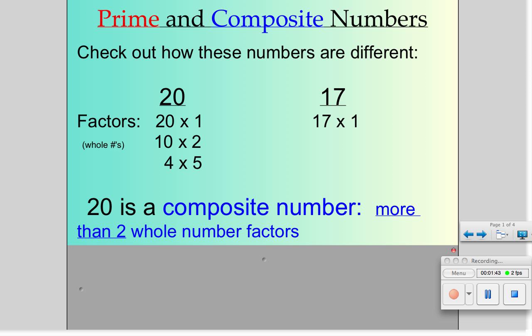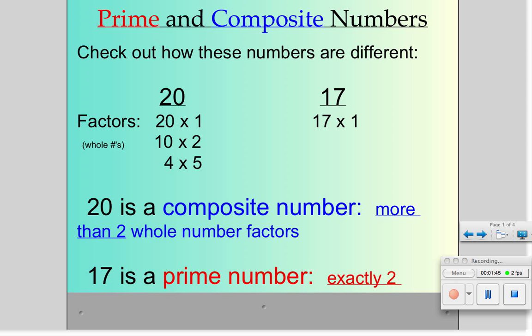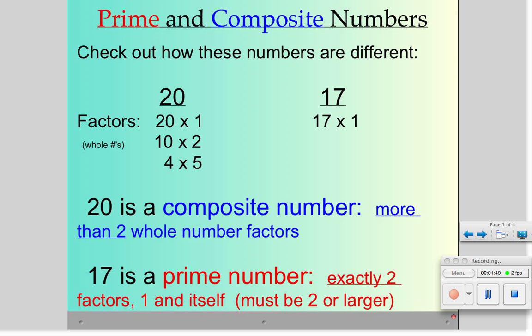However, 17 only has exactly 2 factors, and the factors have to include 1 and the number itself. The only way to make a 17 is 17 times 1. That makes it a special number. We say that it's a prime number. Composite numbers have more than 2 whole number factors. That's the difference between prime and composite numbers.